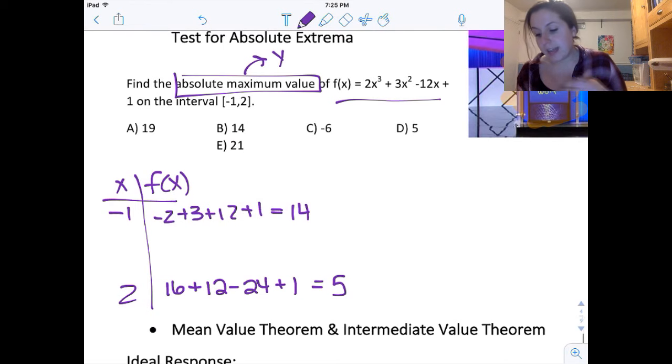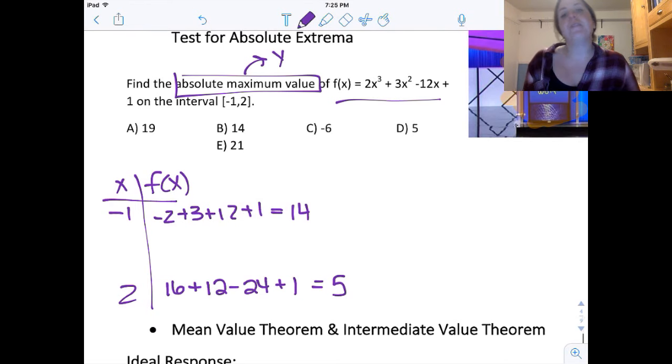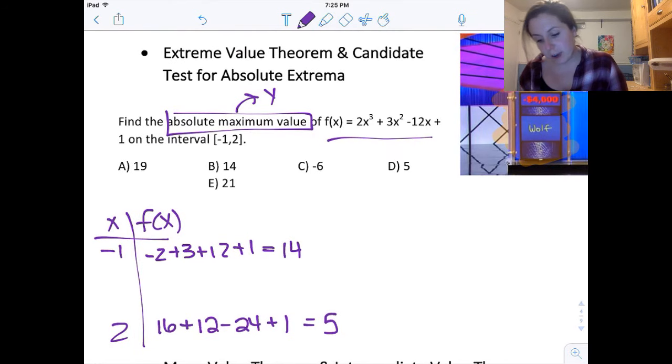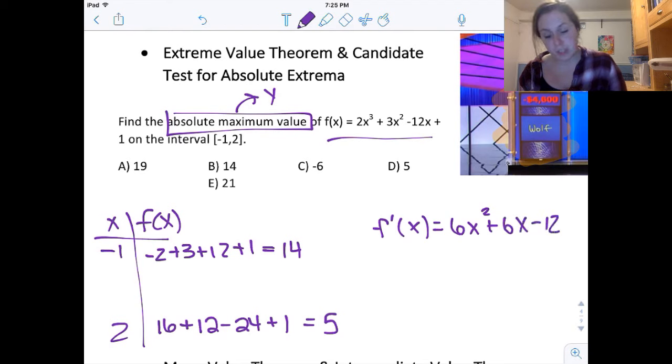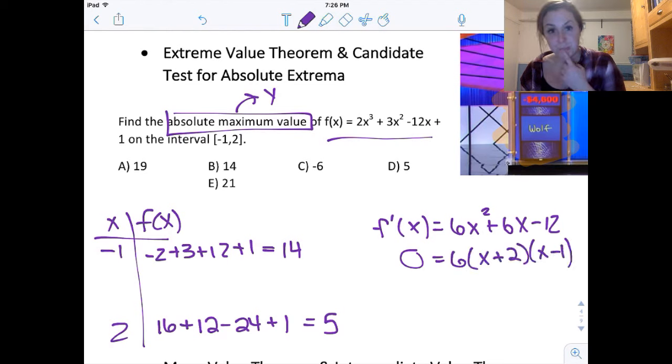Now, we need to see if there's any other possible maxes or mins. And for that, we're going to look for critical points. So f prime is 6x squared plus 6x minus 12. And the zeros of that would be x plus 2 and x minus 1, so I get x equals negative 2 and x equals positive 1. Now, negative 2 is not on my interval, so I'm going to reject that, right?